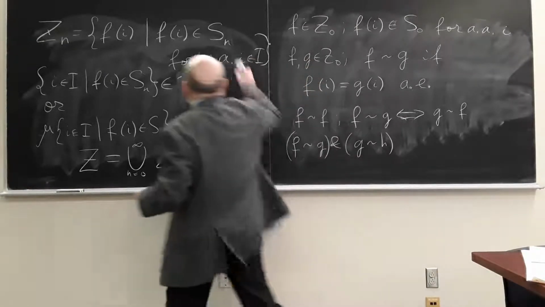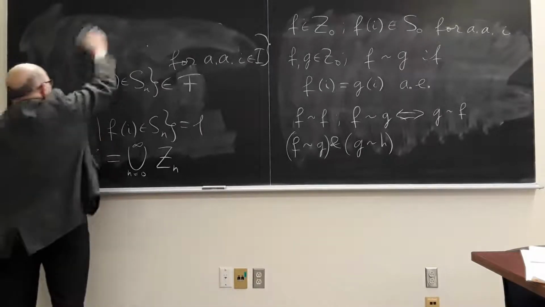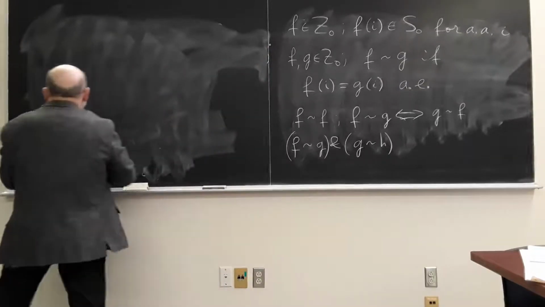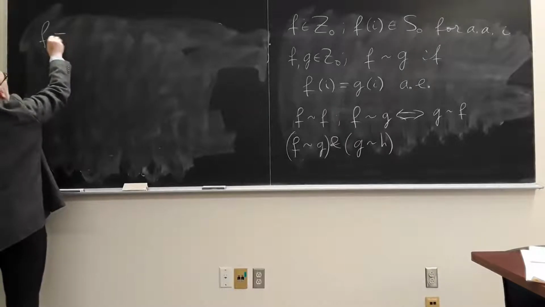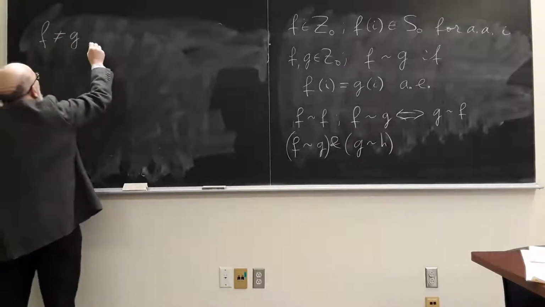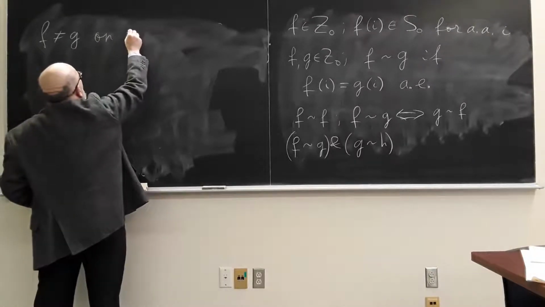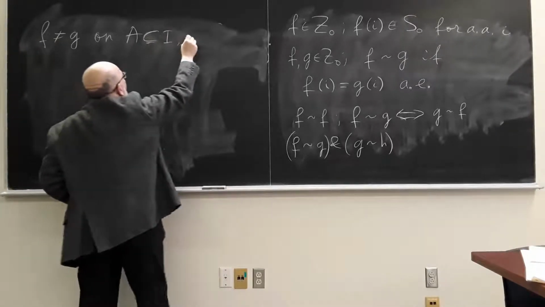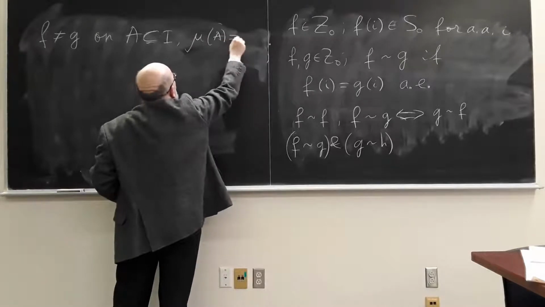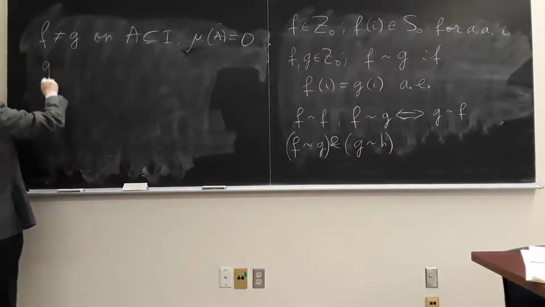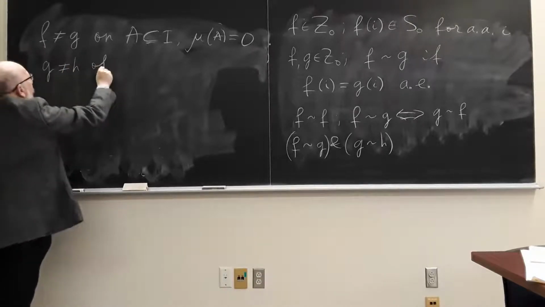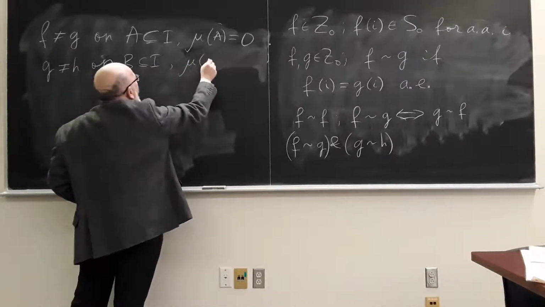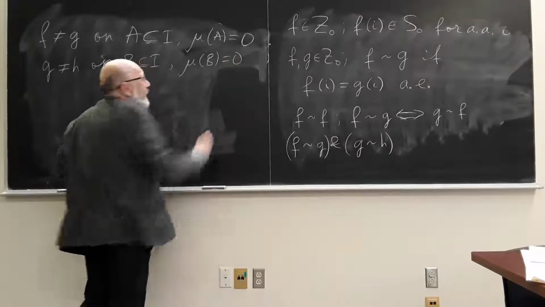So f is different from g on a set, say A, in I, the measure of A is 0. g is different from h on some set B in I, such that the measure of B is 0.